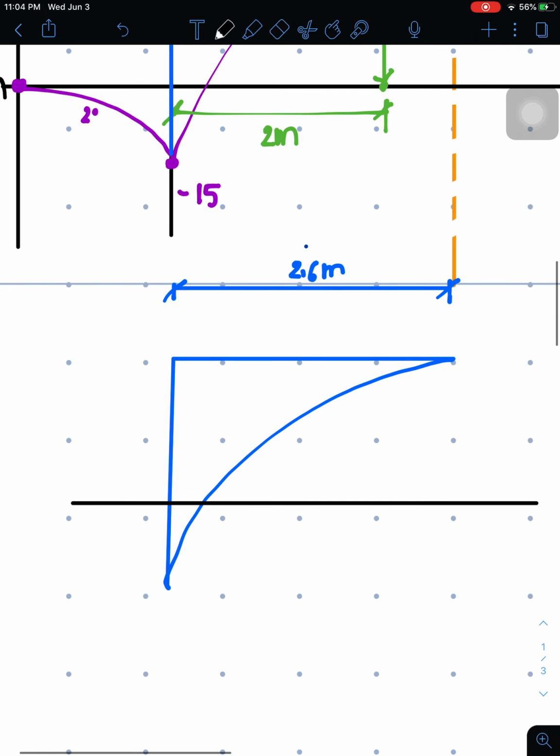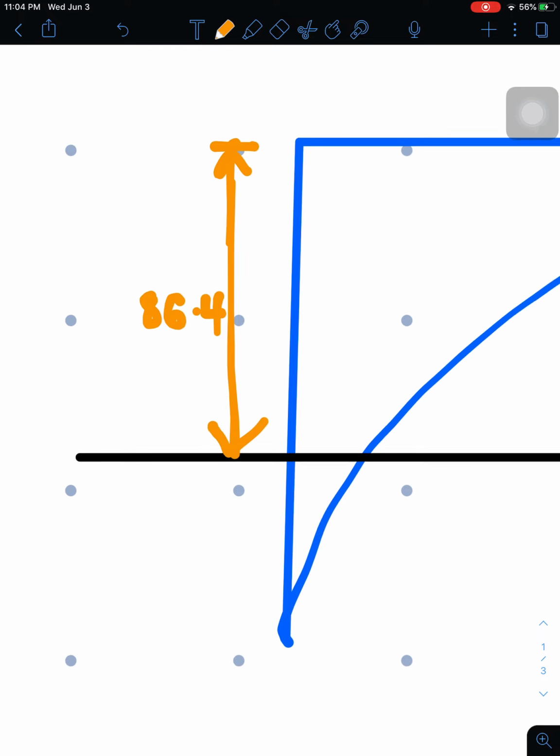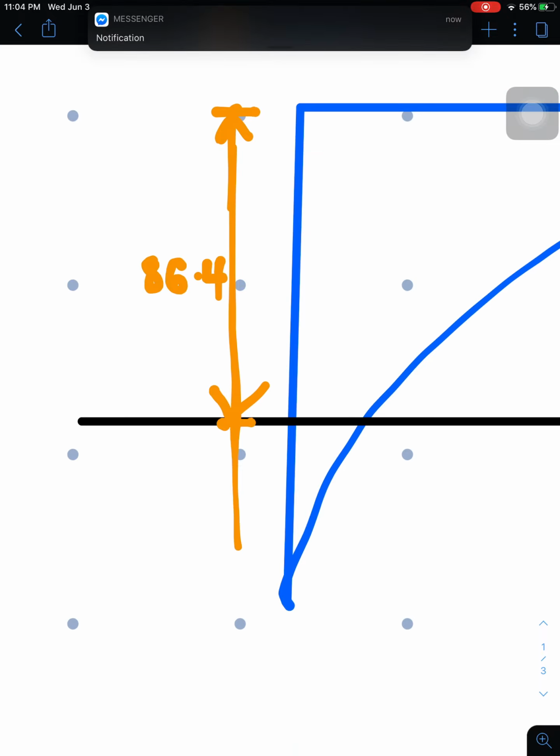And then, we know this distance, I mean this height, that this height is actually just the 86.4. And then this height here is also 15.